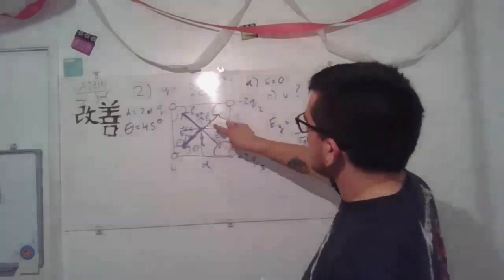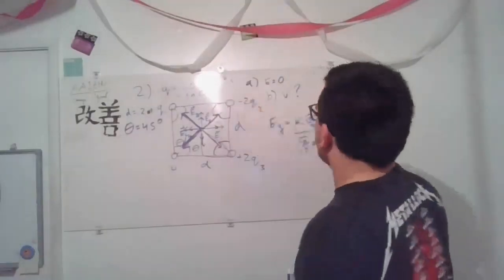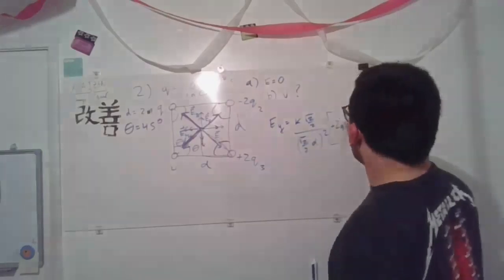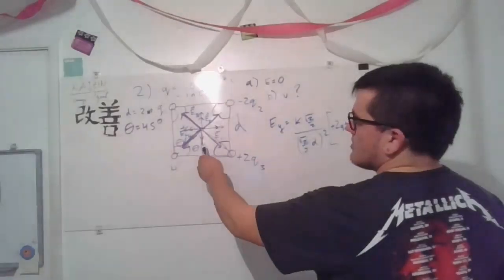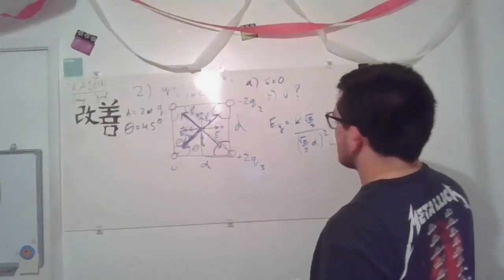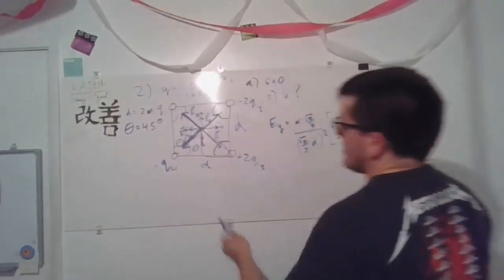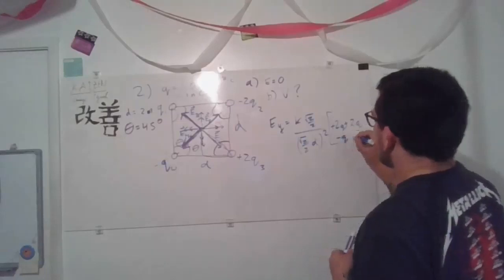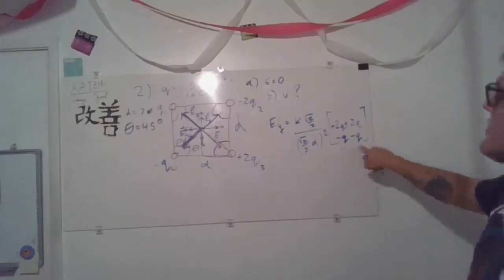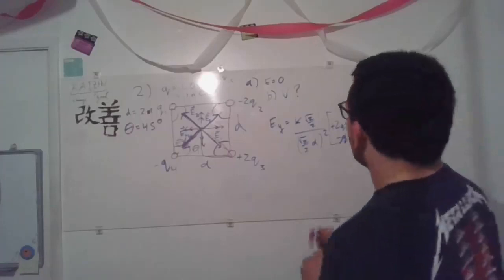This is going to be E2 has a value of negative 2Q, but it's in the up hat direction, so it'll be positive 2Q. E3 is also 2Q. And then yeah, this is E1 and E4. So E1 has Q, and E4 has negative Q. So now you have negative Q will cancel out with one of these, and then you are left over with that.